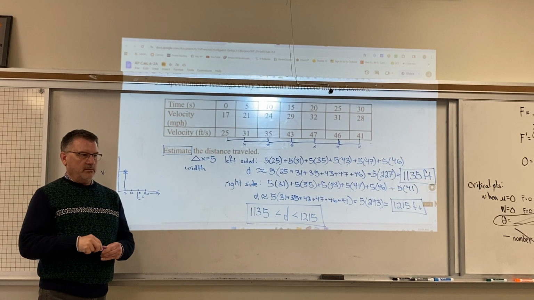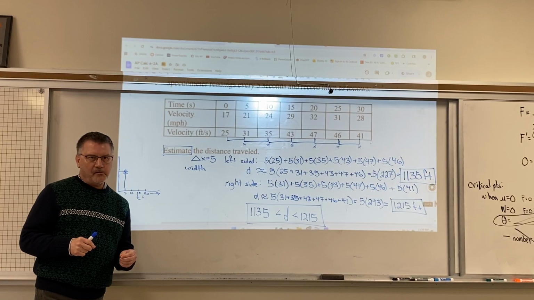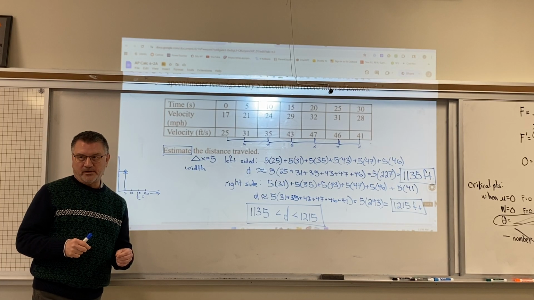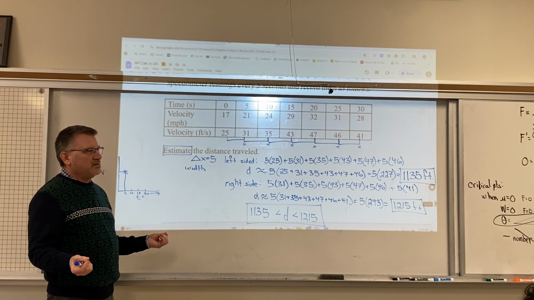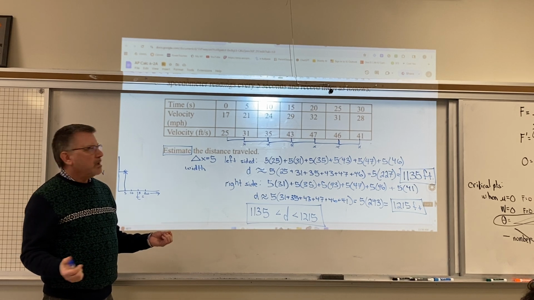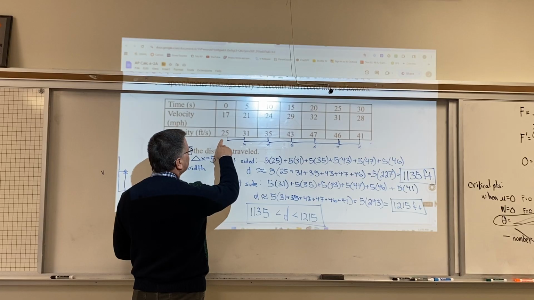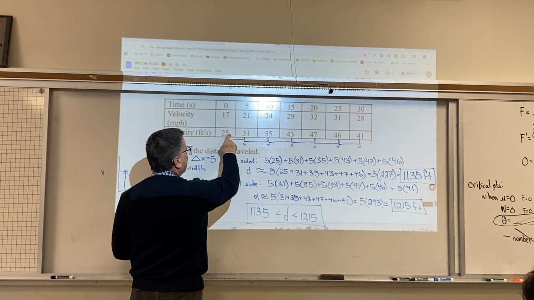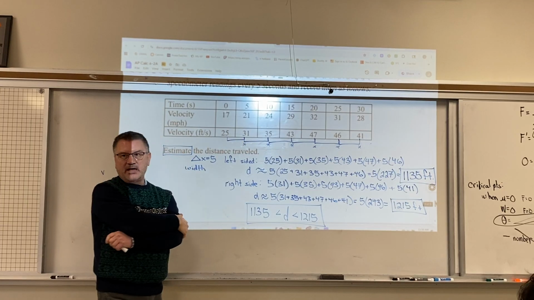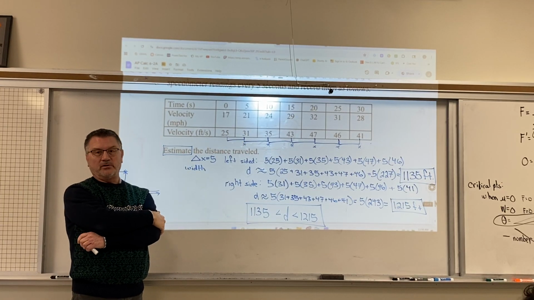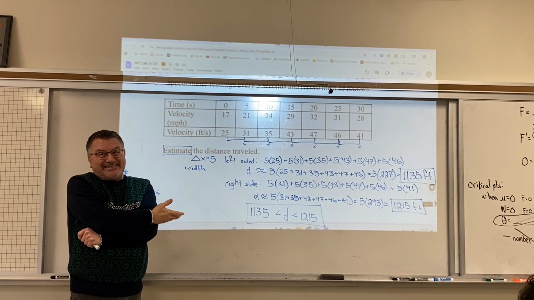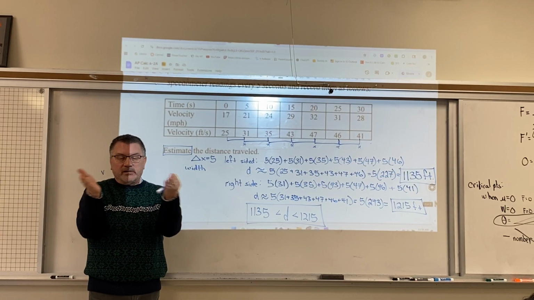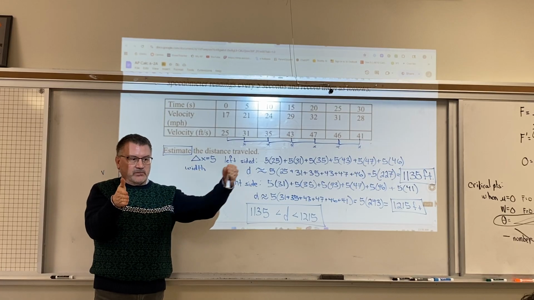What could give me maybe even a little bit closer? Midpoint. Which you don't want to do in the table, because I don't know if the midpoint, like 2.5, is gonna be exactly in between these two values. I don't know that. So you can only use what's in the table. If I had a formula, I could figure out what was in between. I don't have a formula, I just have specific readings.